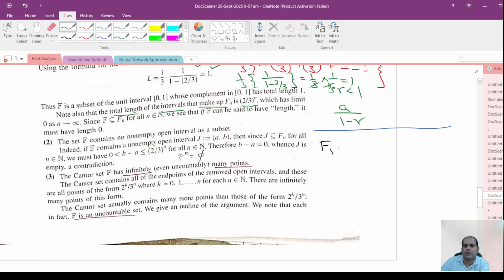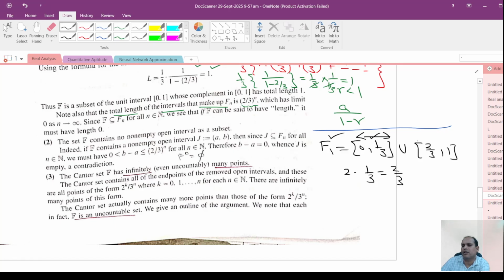Basically, F1 is 0 to 1 by 3 union 2 by 3 to 1. If we observe F1, we have two intervals, each of length 1 by 3, so its length is 2 by 3.